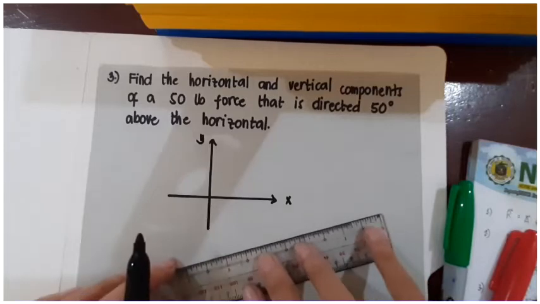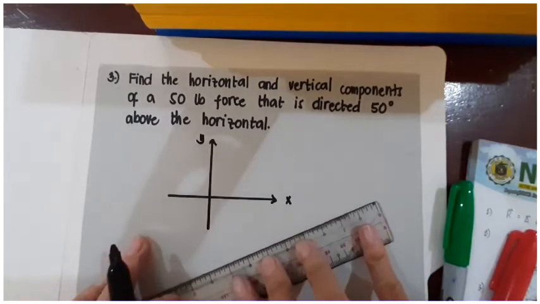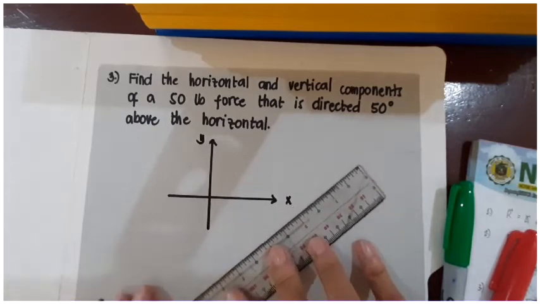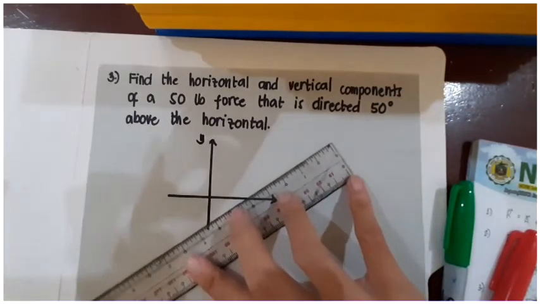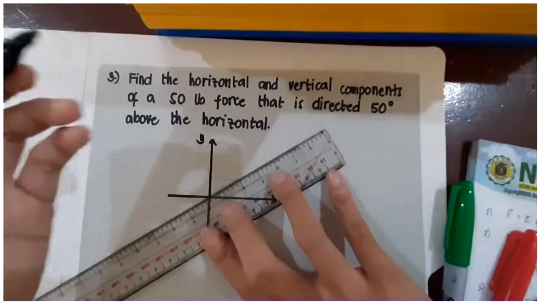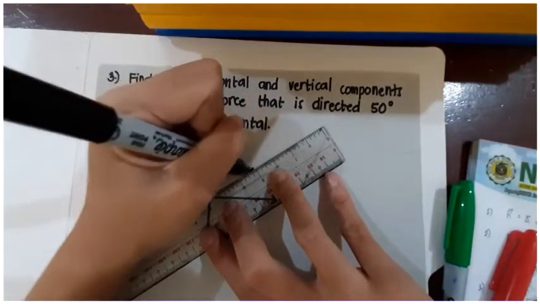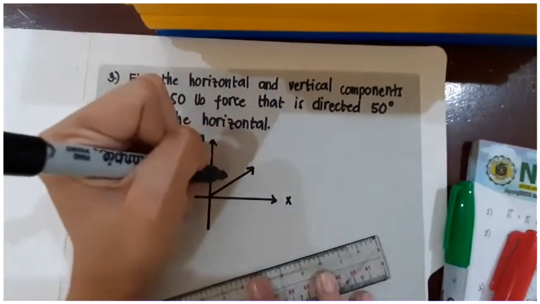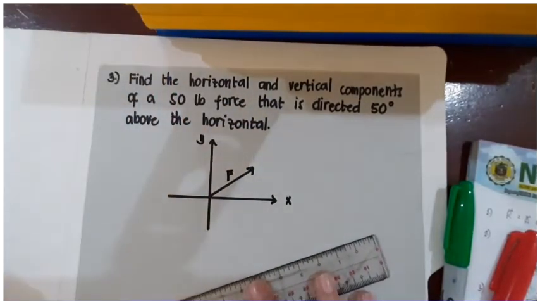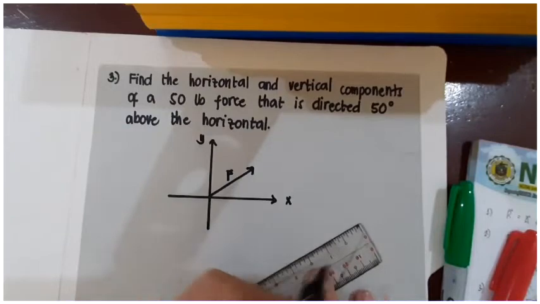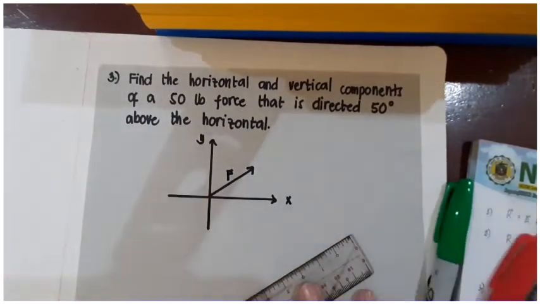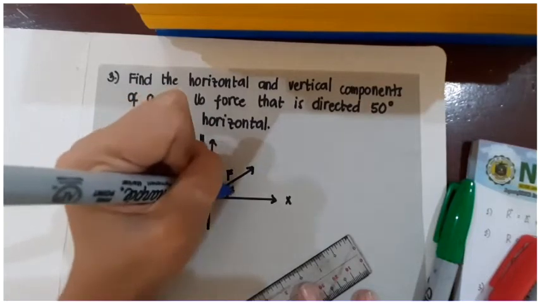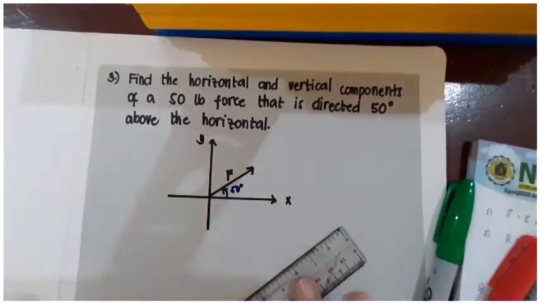Okay, so first, you have a 50-pound force that is directed 50 degrees above the horizontal. So let's say this is your force, your 50-pound force. Now it is directed above the horizontal 50 degrees. So this is your 50 degrees.